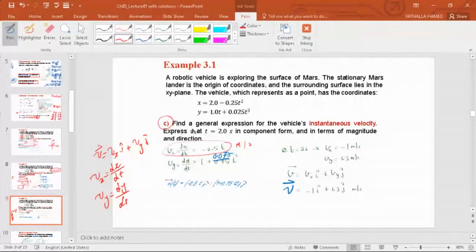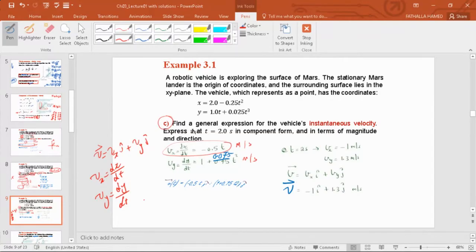Vy is equal to dy by dt. Of course, when you take d by dt of t, you get 1. That's why you have 1 here. And when you take d by dt of t cubed, you get 3t squared. And 3 times 0.025 will give you 0.075t squared meters per second.